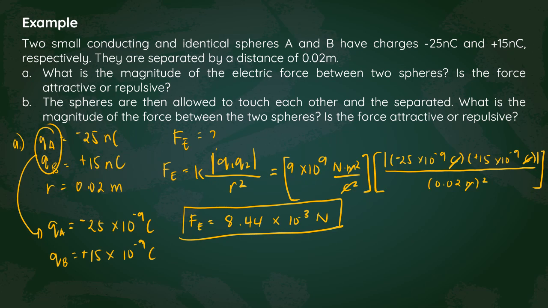And there's another question: is the force attractive or repulsive? How would we identify this one? We look into the charges of the spheres. Sphere A is negatively charged, sphere B is positively charged. Therefore, they are opposite, and opposite charges will have attractive force.